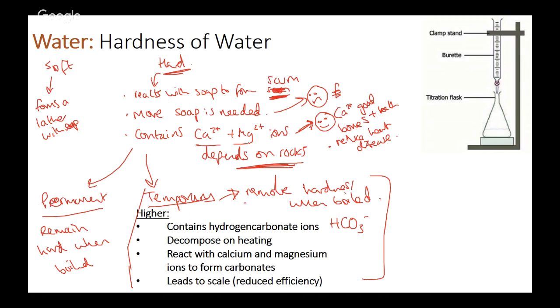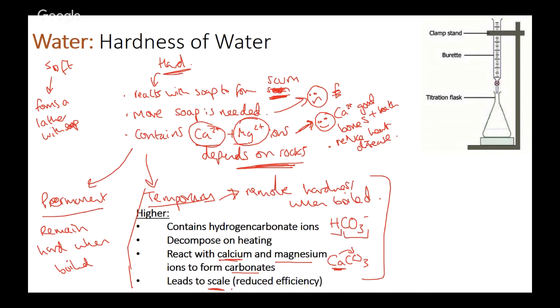That's what helps to remove the hardness, because when they decompose, they react with the calcium and magnesium ions that we said from before are in hard water, and they form carbonates. So for example, calcium carbonate can be formed if the calcium ion reacts with the carbonate part of the hydrogen carbonate, and this leads to scale.